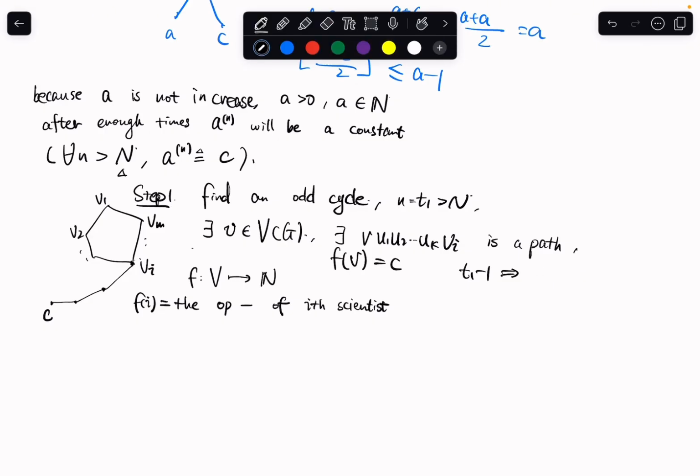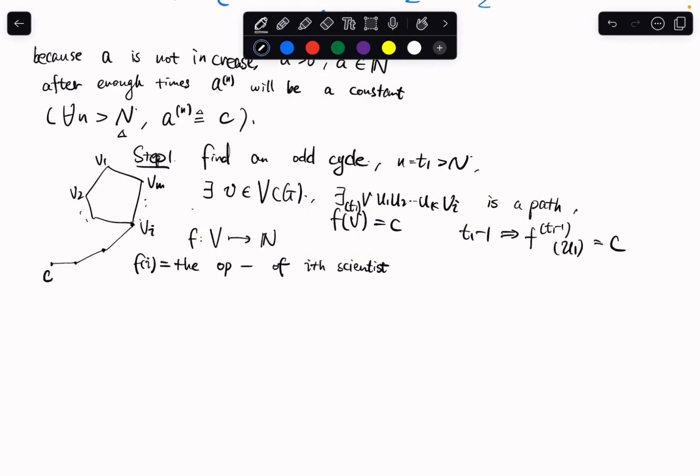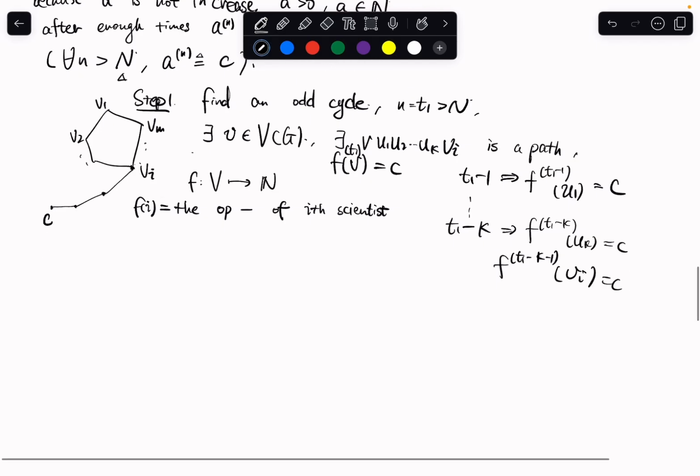like this. We can use an operation. This is t1, and f t1 minus 1 u1 equals C by what we derived before, and after some like t1 minus k, we have that f t1 minus k uk equals C. Then we have that f t1 minus k minus 1 vi equals C. So we denote t2 as t1 minus k minus 1.